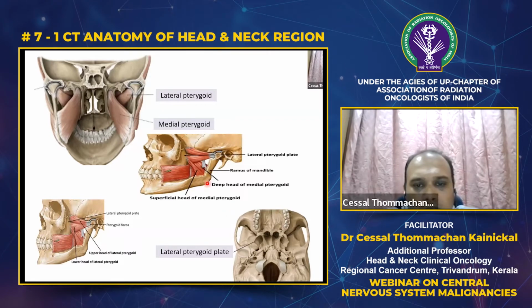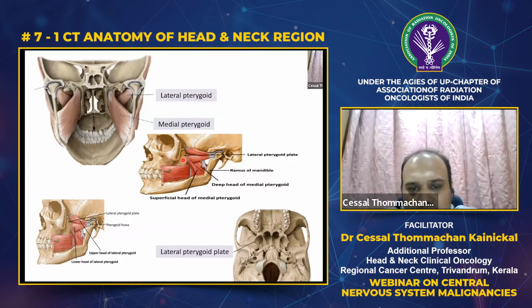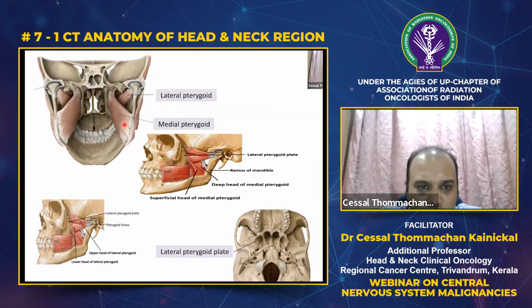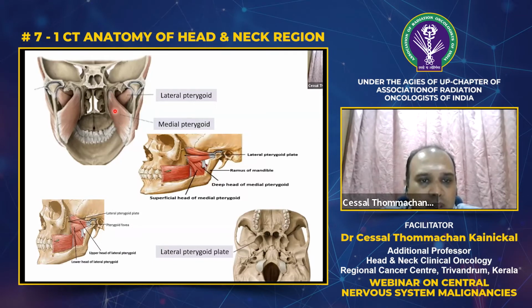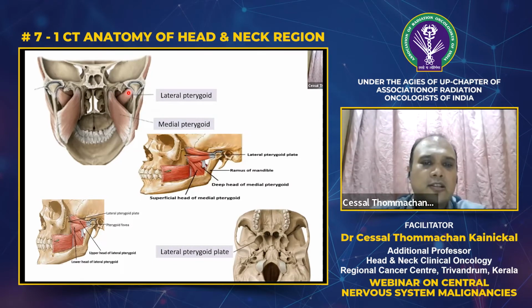And the medial pterygoid muscle also has a superficial head. The superficial head is arising from the maxillary tuberosity, and the deep head is arising from the medial surface of the lateral pterygoid plate, and it comes downwards and is inserted into the inner aspect of the mandible.